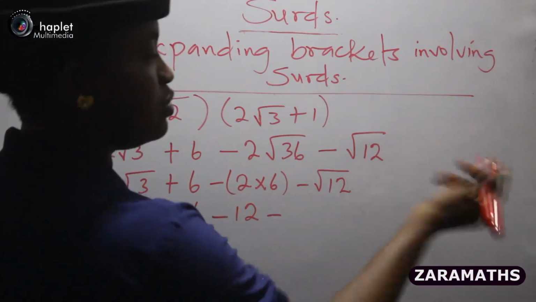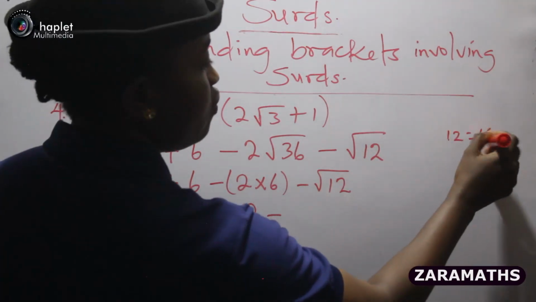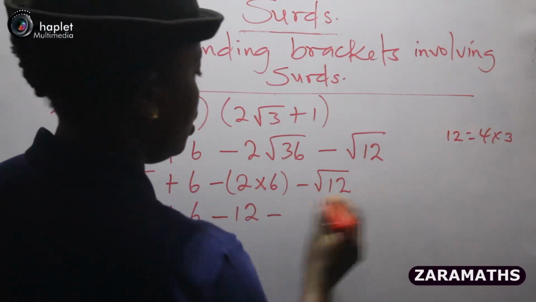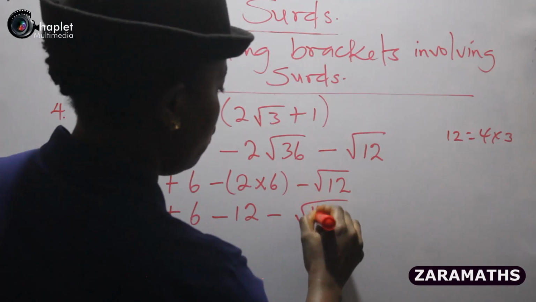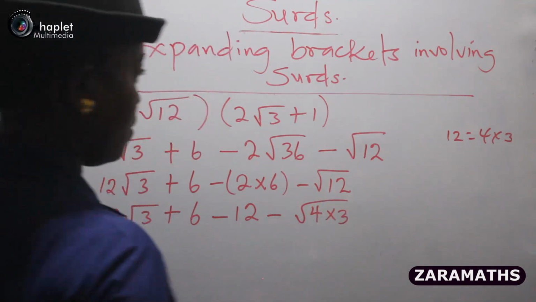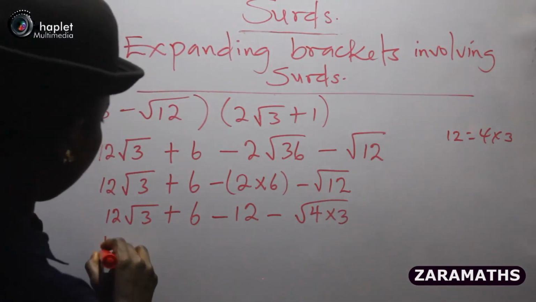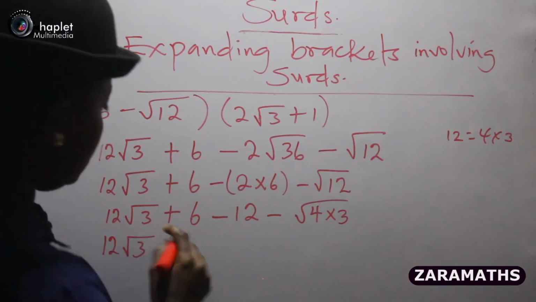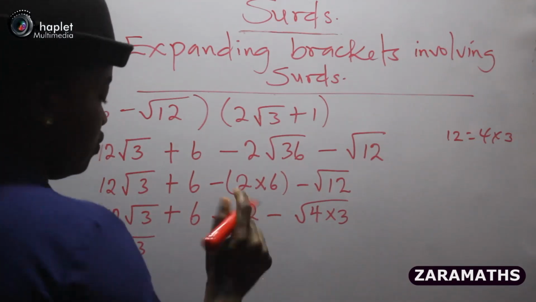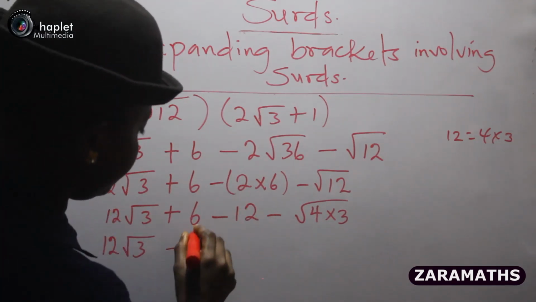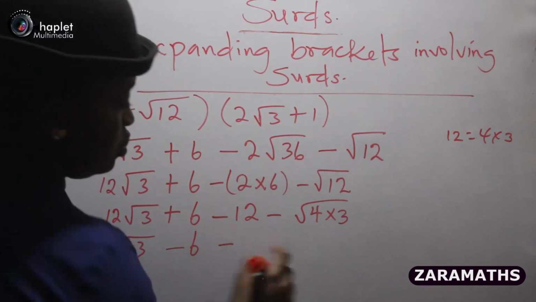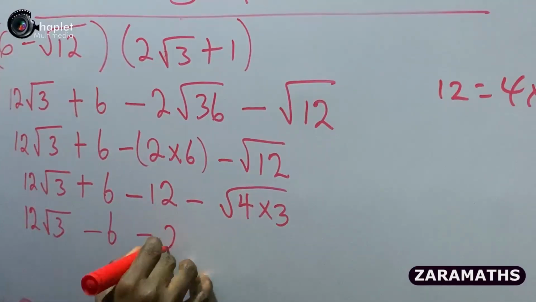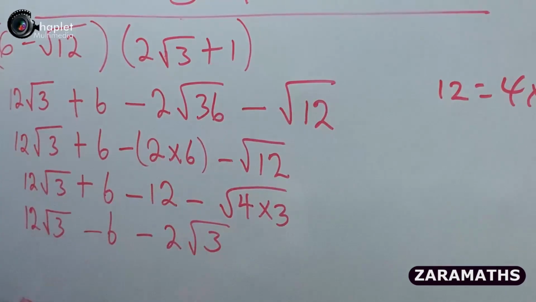Minus root 12 can be simplified further as 4 times 3. 4 is the perfect square to give us minus 2 root 3. So root 12 is the same as 2 root 3.